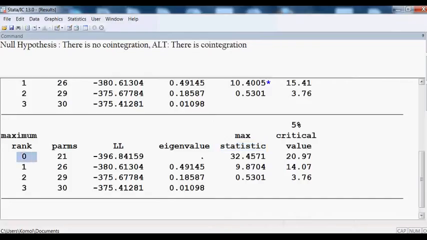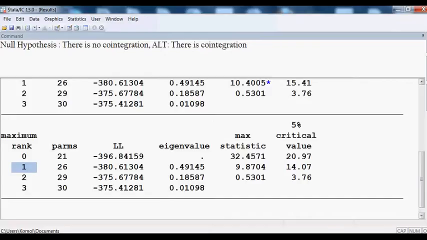So here is 0, meaning that there is no co-integration, that is the null hypothesis, and the max statistic 32.45 is more than the critical value, that is 20.97. So we can reject this 0, and when we reject 0, then immediately we come here.